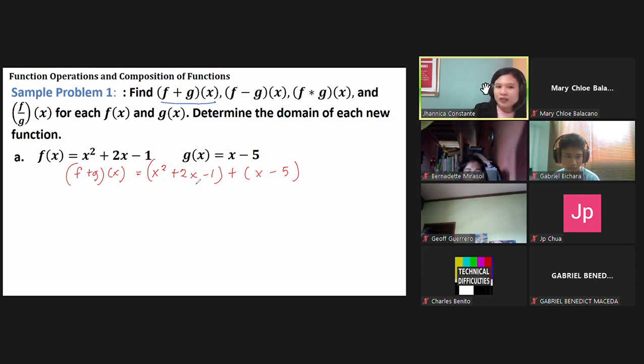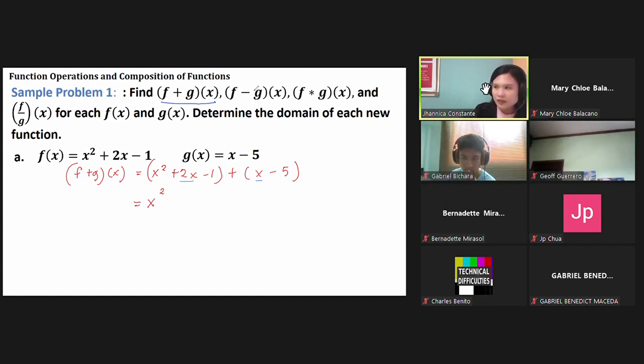So let's start adding the functions that we have, which is x squared plus 2x minus 1 plus x minus 5. Looking at each term, we know that x squared doesn't have a similarity with the other terms, so x squared will remain as x squared. The terms that have a similarity are your 2x and your x, and your negative 1 and the negative 5.